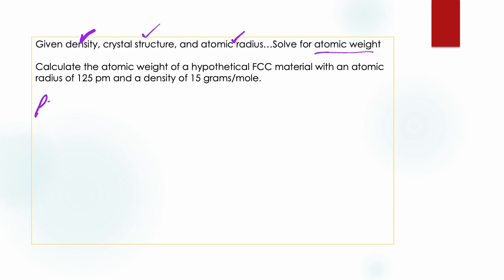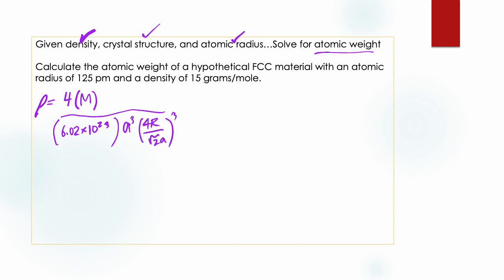So I know density is equal to, this is FCC, 4 times M divided by Avogadro's number, and then I have A cubed and 4R over root 2, all cubed.